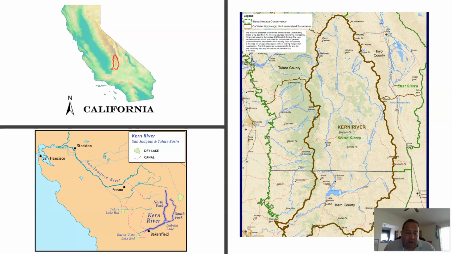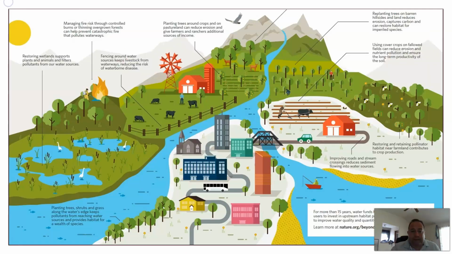Then that water heads towards the Buena Vista Lake bed. On the right, there's an actual outline of the full Kern River watershed, and you can see at the bottom left of that picture, you've got Bakersfield. And so that's our watershed, our local one.